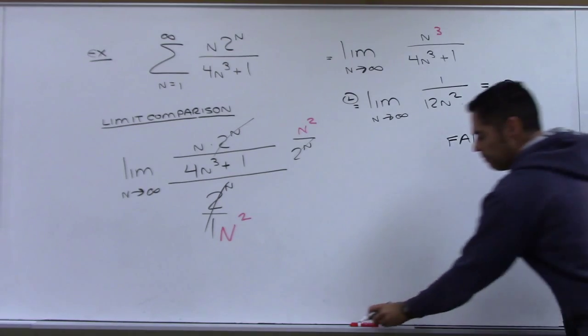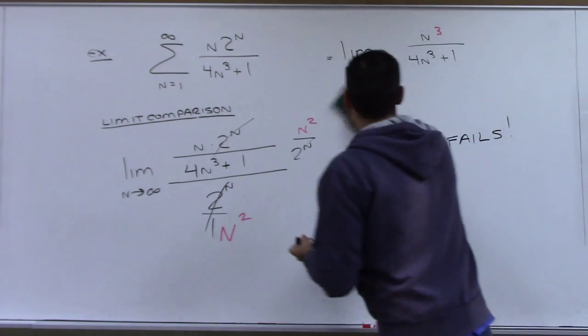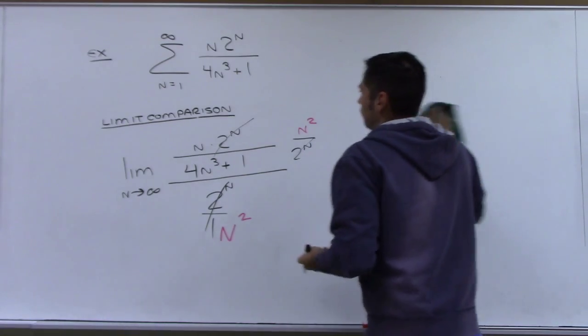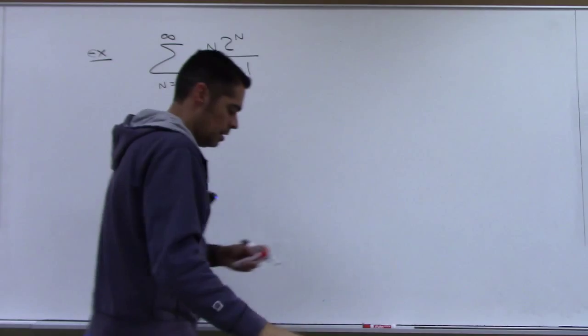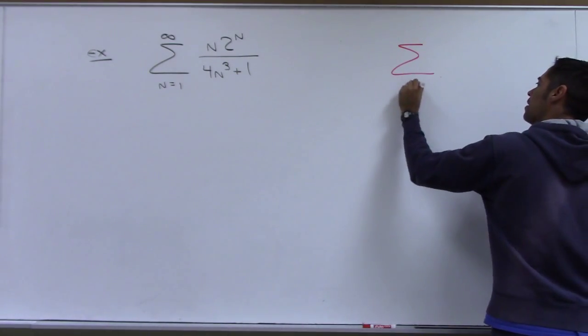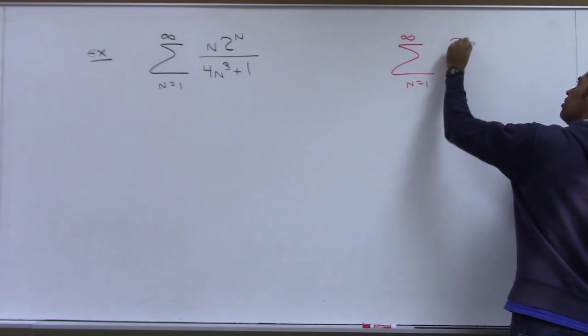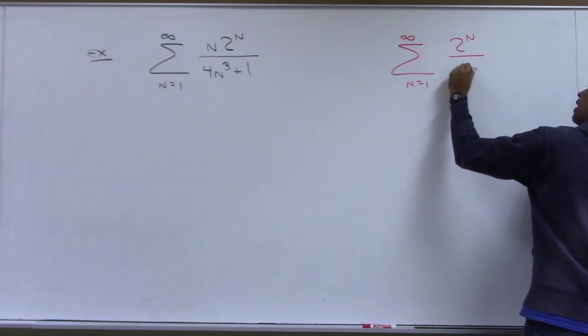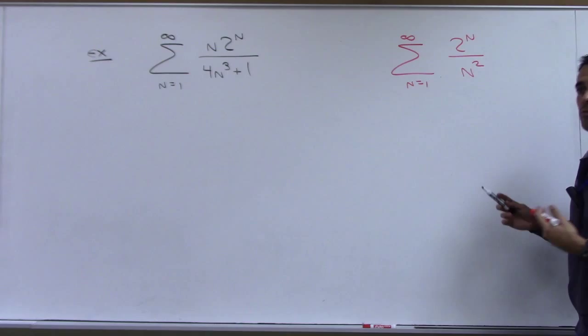So when we were doing our comparison, I have to start over and think through this again. We had said we wanted to compare it to this. What was it? 2 to the n over n squared. I kind of led you down the wrong path.